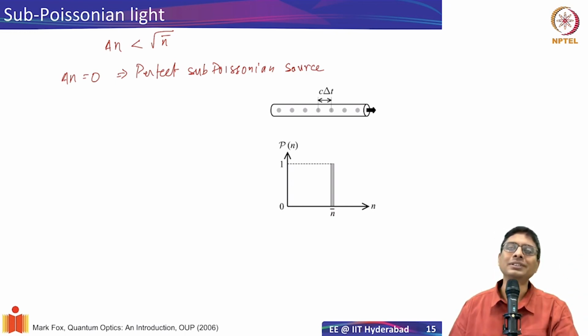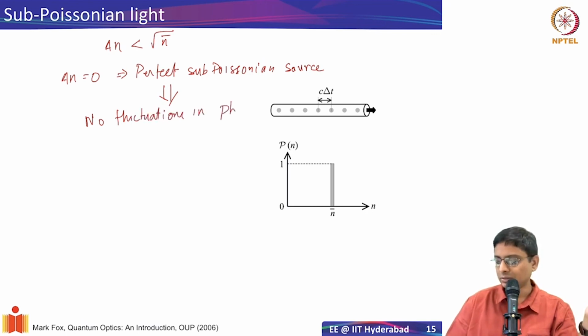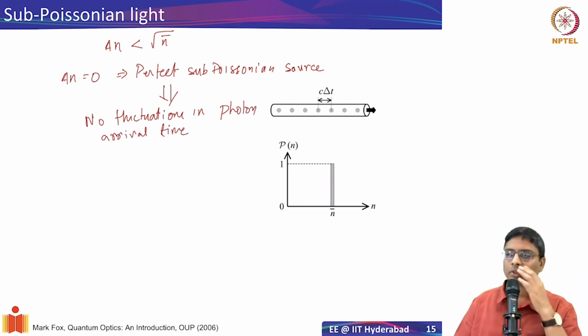When you have no fluctuations at all, then of course delta n is going to be 0. If you consider a scenario like this, a perfect source is one where you have no fluctuations in photon arrival time.